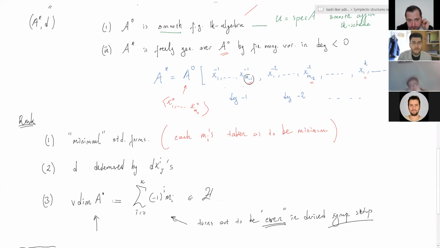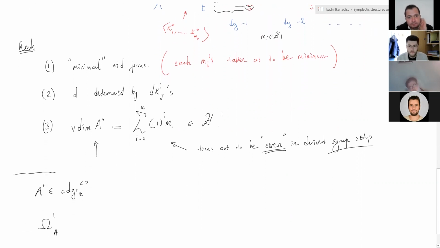For instance, we have m_{-1} many variables in degree -1, we have m_{-2}. Maybe the notation is a little bit confusing, but these m_i's are all integers. This corresponds to the number of variables in each degree i.